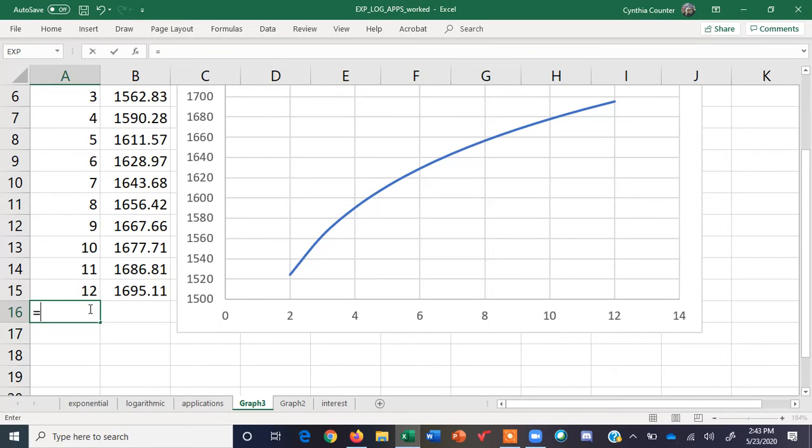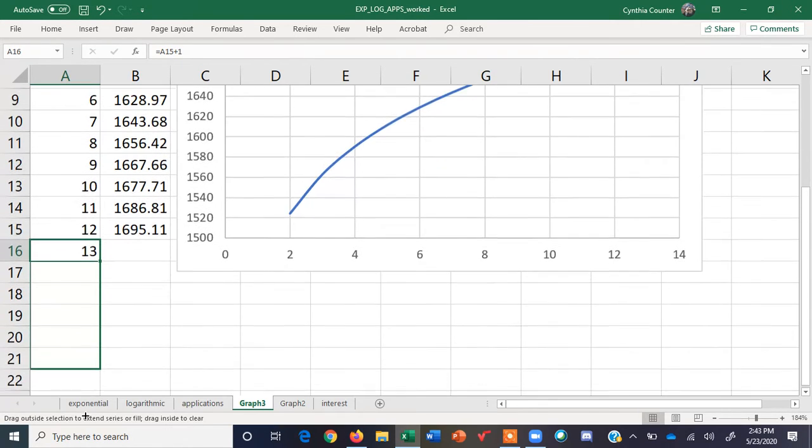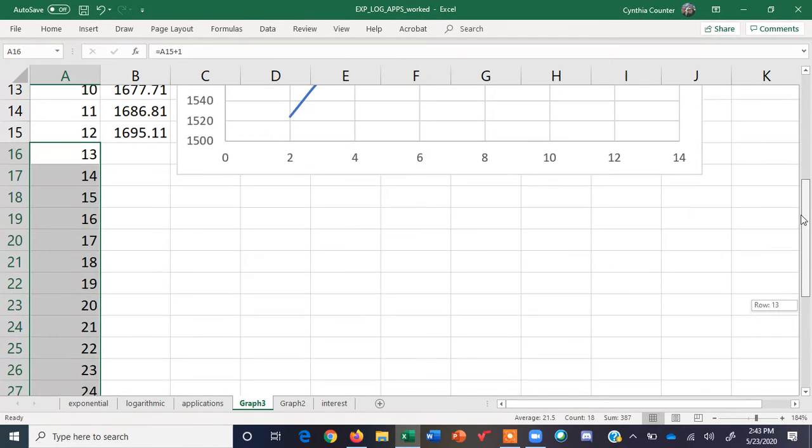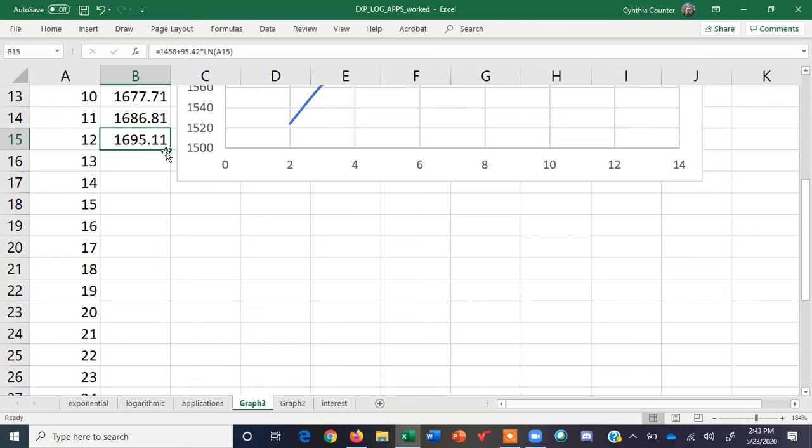Let's just do this equals this plus 1. Might as well go to 30 since we're so close. Oops, too much. Let's just go to 30. And then I will extend the formula.